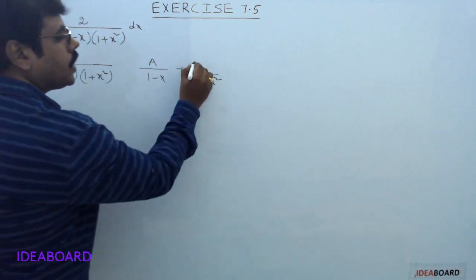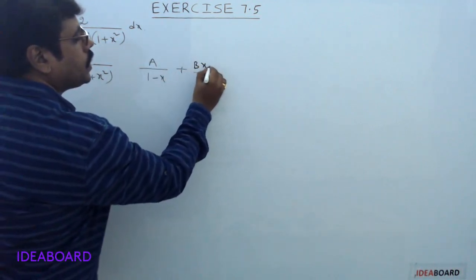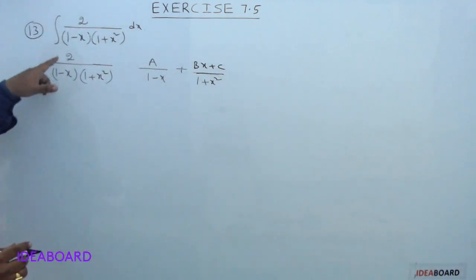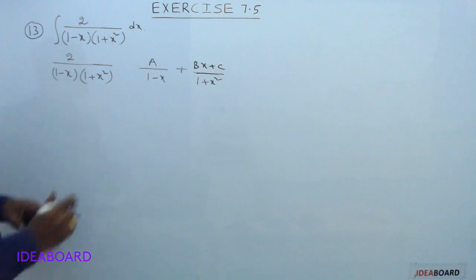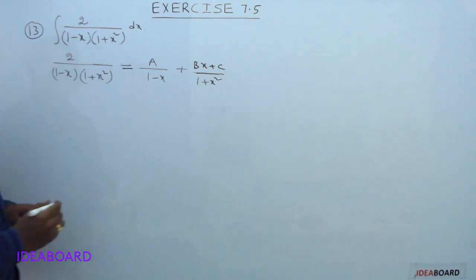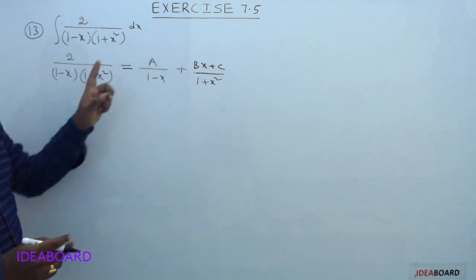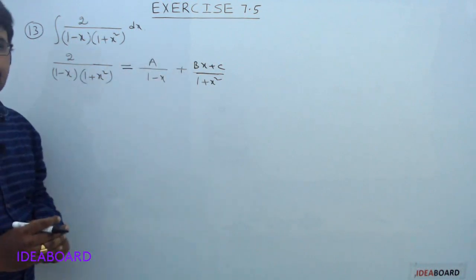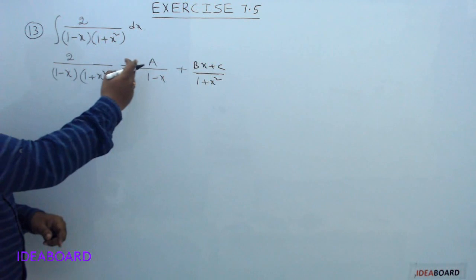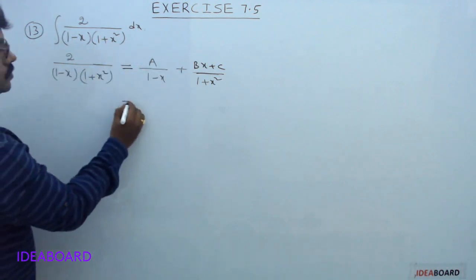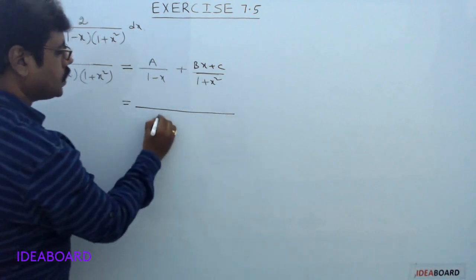So take that linear factor as bx plus c. So 2 divided by (1 minus x)(1 plus x square) can be taken as a divided by 1 minus x plus (bx plus c) divided by 1 plus x square. Now, let us find the values of a, b and c. Take the LCM. So here what is the LCM?